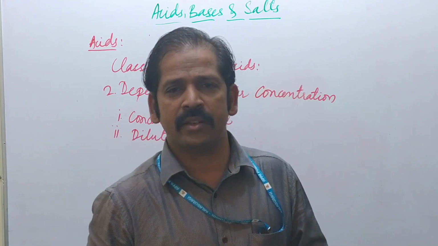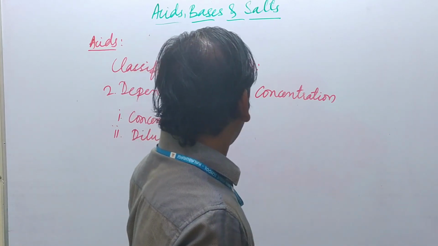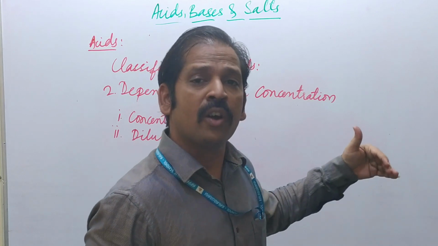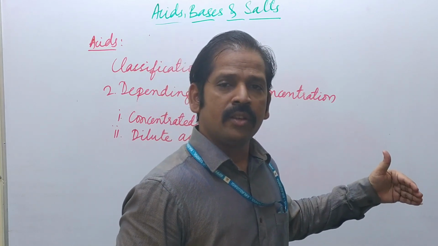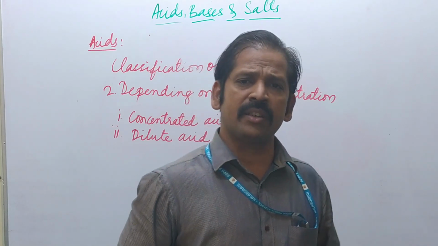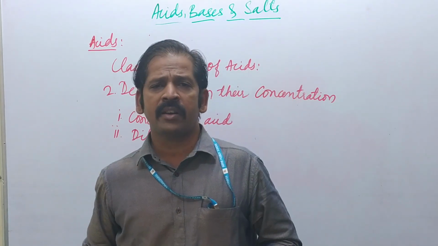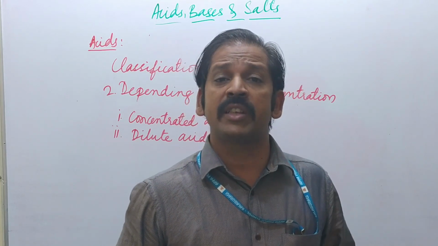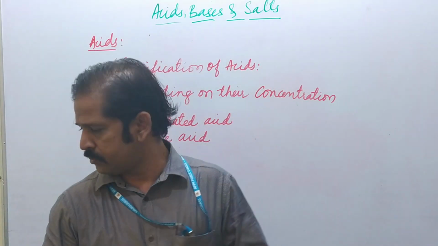Okay, that is the classification of acids, the second part, depending on their concentration: concentrated acid and dilute acid. Next, we will go for the third classification, depending on basicity.